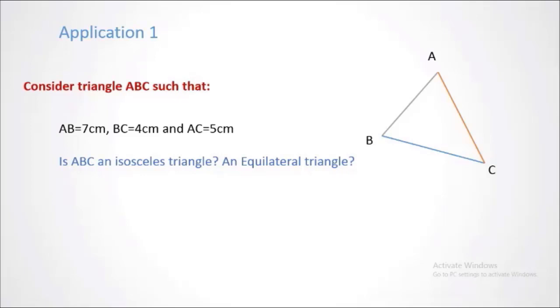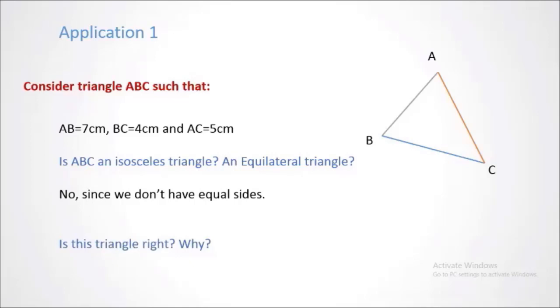No. ABC is not an isosceles triangle nor an equilateral triangle. Why? Because we don't have any two sides equal, so it is impossible to be an isosceles triangle. It is impossible to be an isosceles triangle, then of course it is not an equilateral triangle, since we don't have equal sides.